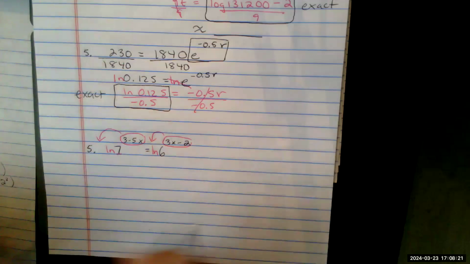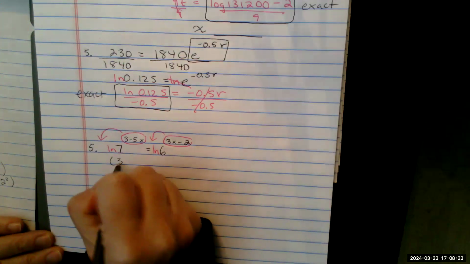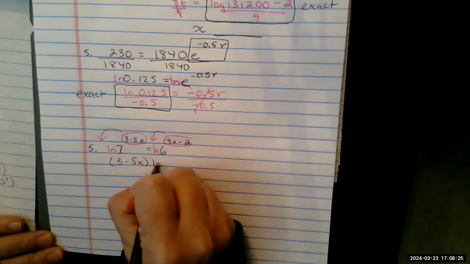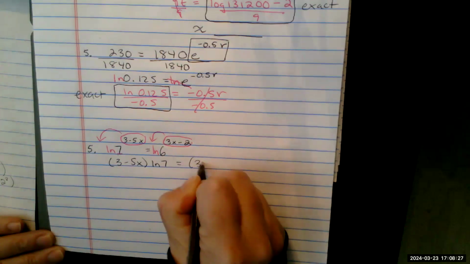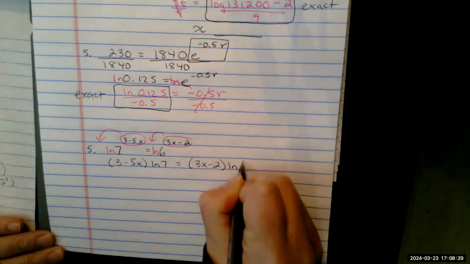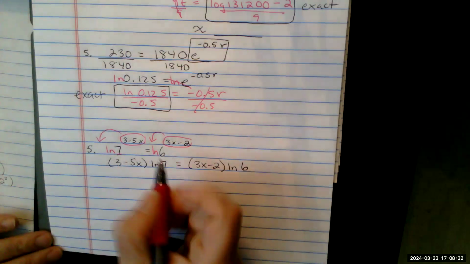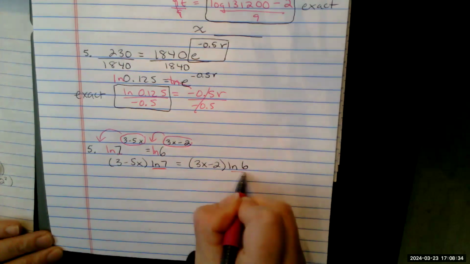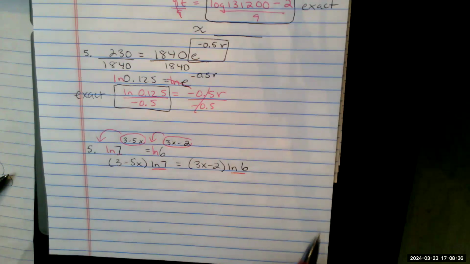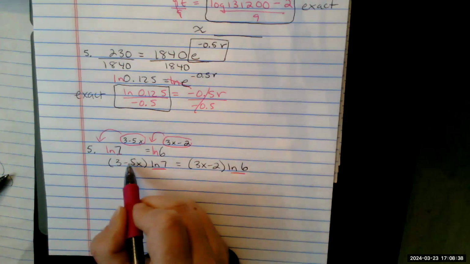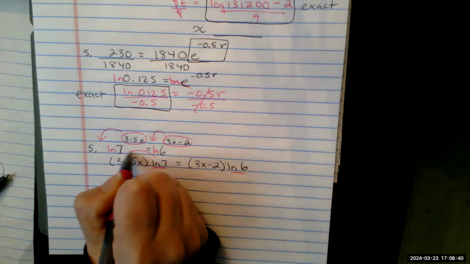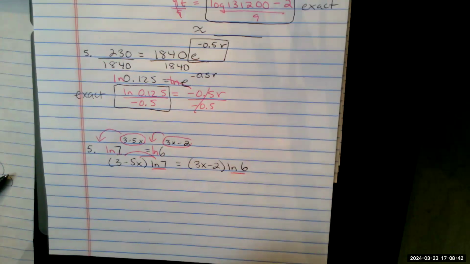So this one gets a little tricky because we're going to bring this out front times ln 7 and bring this out front times ln 6. And that looks weird, but remember that this and this are just numbers. So if we had a number outside of a parenthesis, wouldn't we normally distribute it?